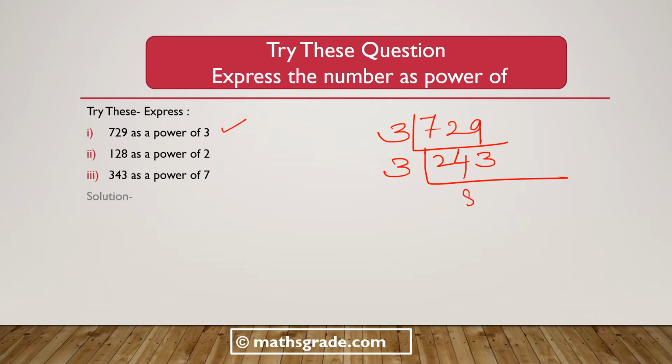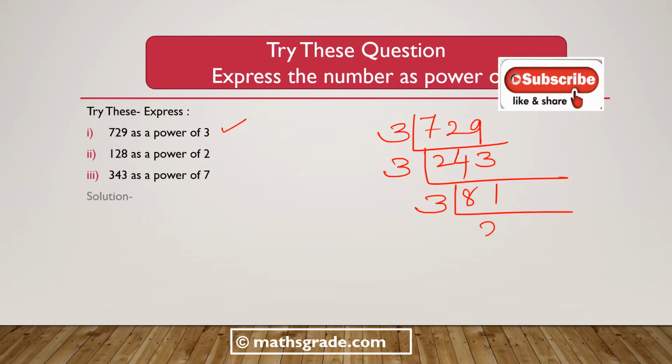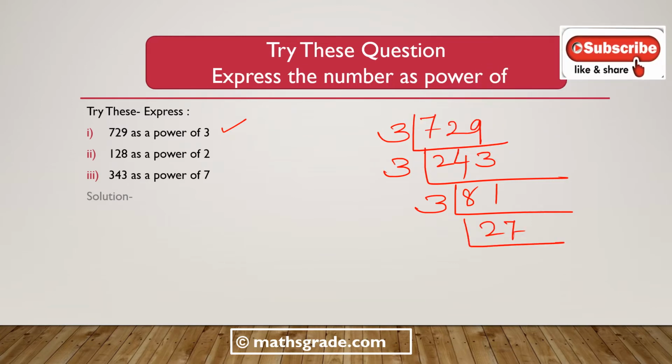3 times 8 is 24, 3 times 1 is 3. Then 3 times 27. Next 3 times 9, and 3 times 3.